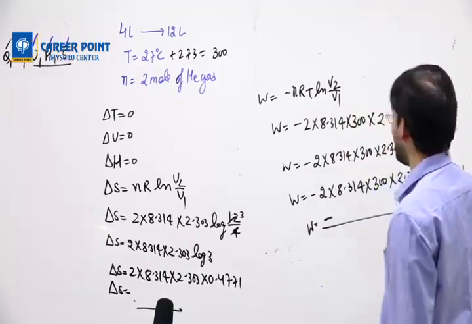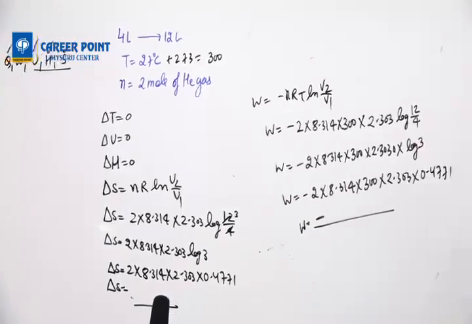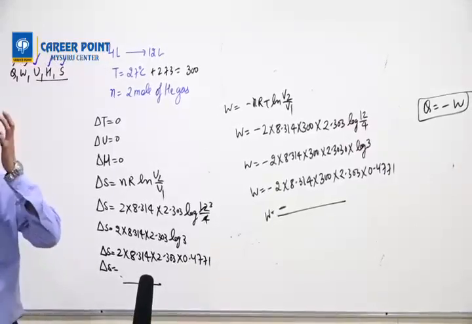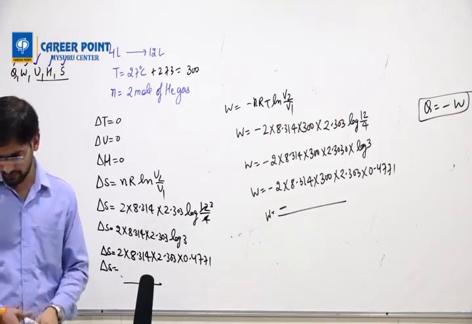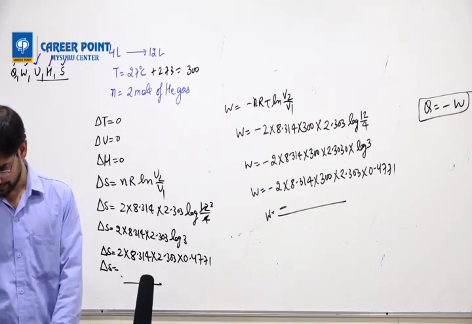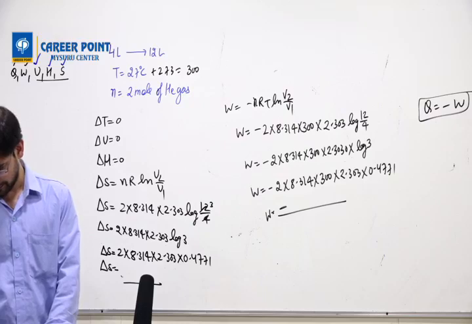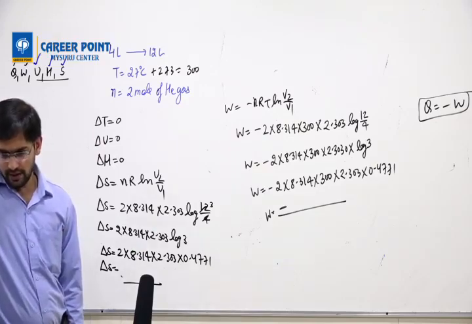Then Q, whatever W you get, the positive value is Q. Understand?